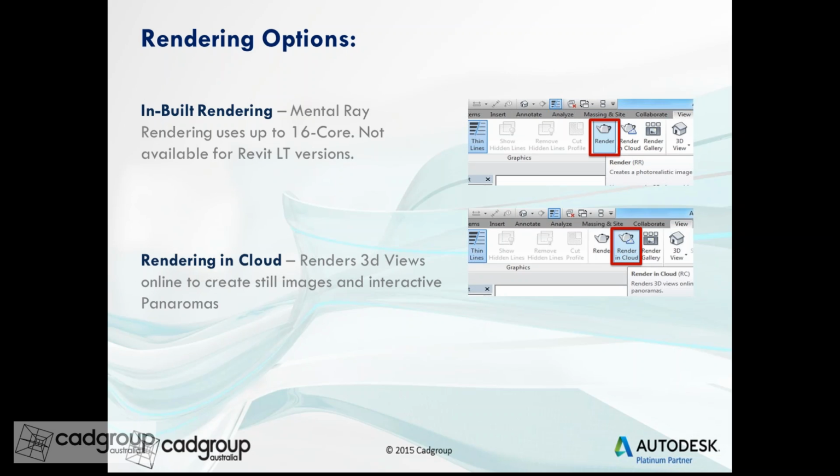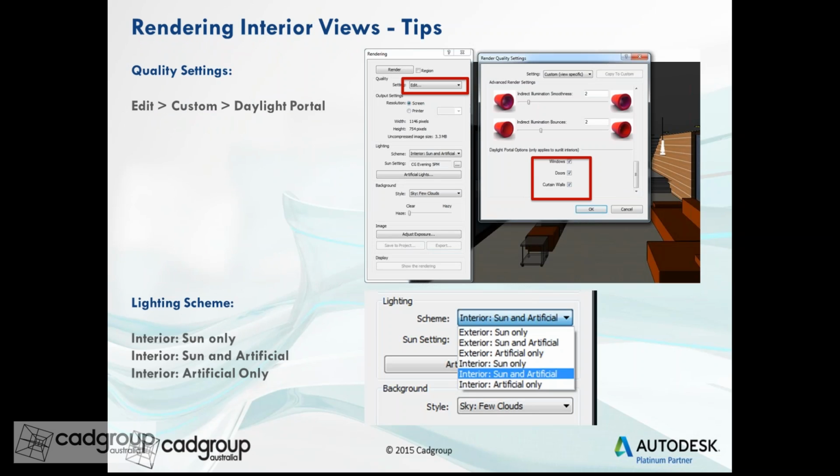This is also a very good feature available for Revit users, for the last couple of years now. You can use rendering in the cloud. You can render 3D views online to create still images and interactive panoramas.